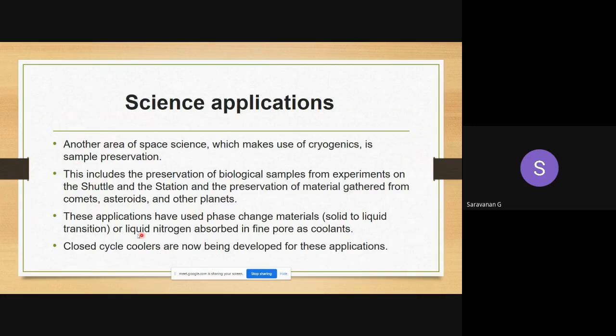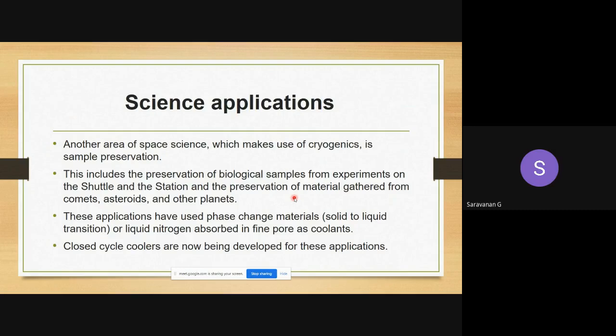Here we can also use closed cycle coolers to store or preserve the materials from planets, comets, or asteroids, as well as biological samples. This is another usage of cryogenics in space science missions. These are all the discussions under space science missions.